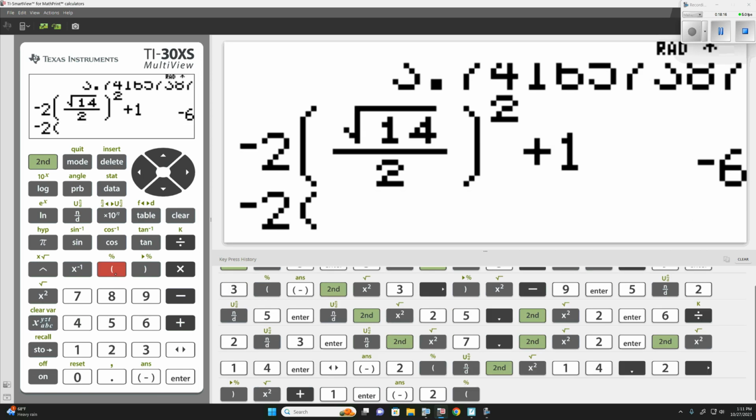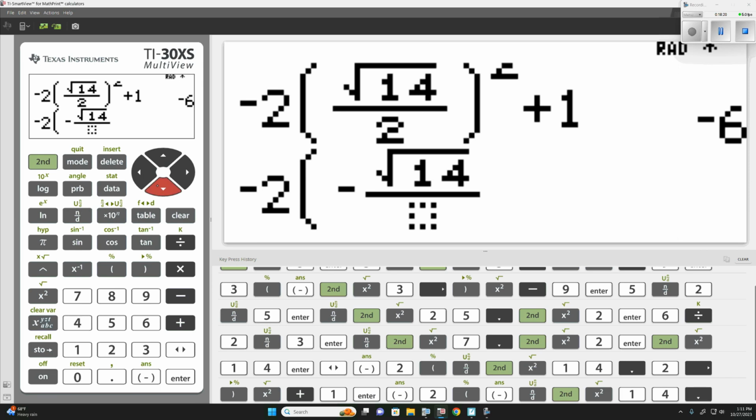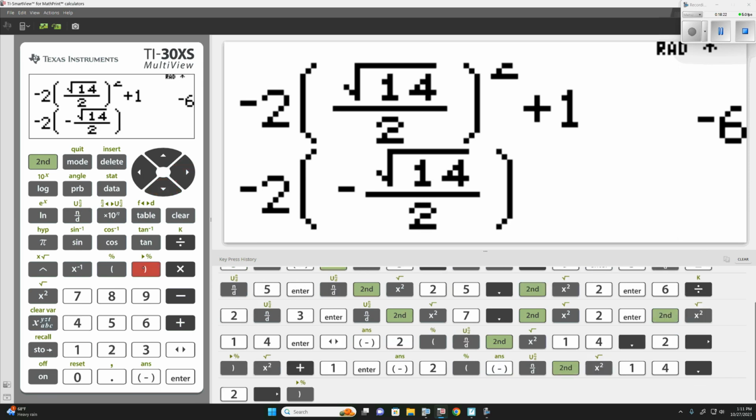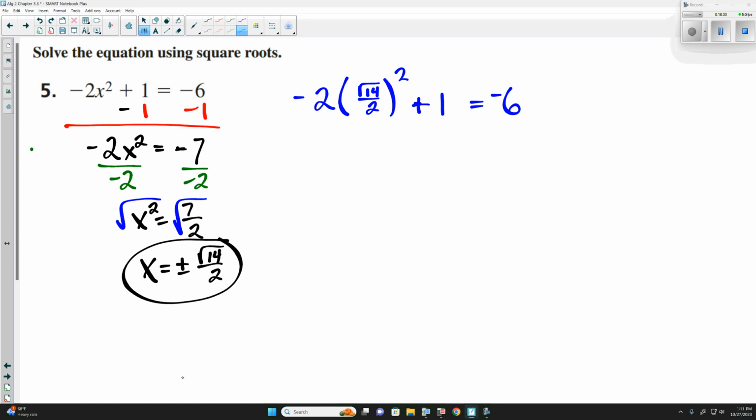We could do the same thing with negative square root of 14 over 2, squared, plus 1, which is also negative 6. So doing that gives us the way to check our answer.